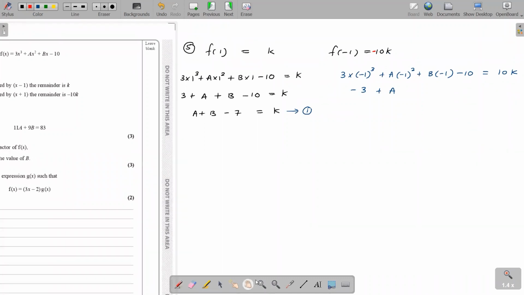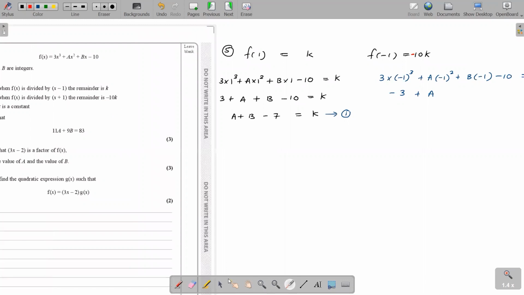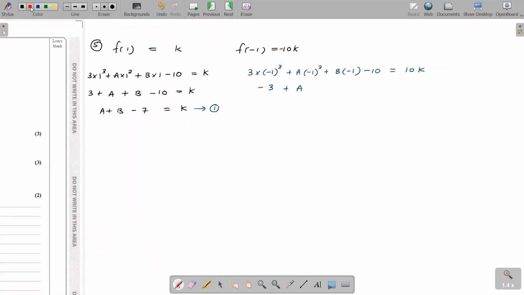Can you see? So minus 3 plus a, then minus b minus 10 equals minus 10k. Is that clear? When I simplify here, I get a minus b minus 3 minus 10 is minus 13, equals minus 10k. Are you all with me?